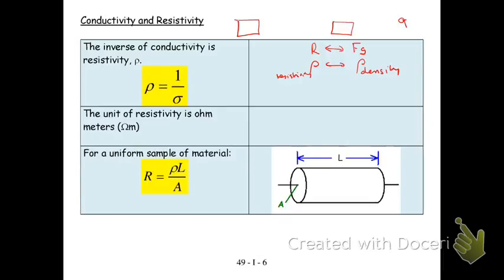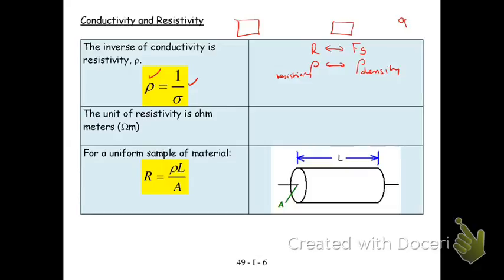So the material property is resistivity. The sample of that material then has a resistance. The resistivity of the material is 1 over the conductivity. The unit of resistivity is the ohm meter.